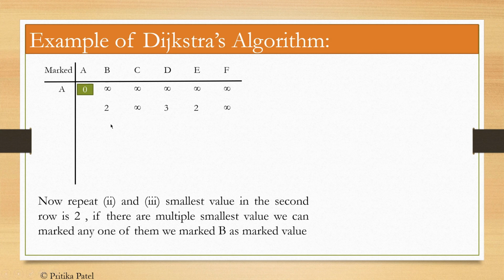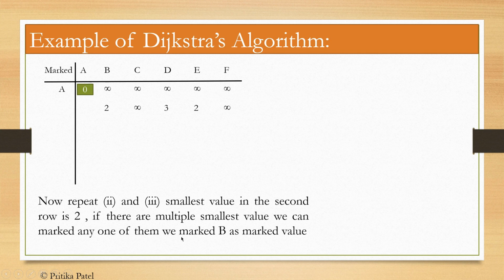Now repeat the second and third steps. We have to find the smallest value in the second row, that is 2. Here the smallest value is 2, but here too the value is the same, that is 2. If there are multiple smallest values, we can mark any one of them.